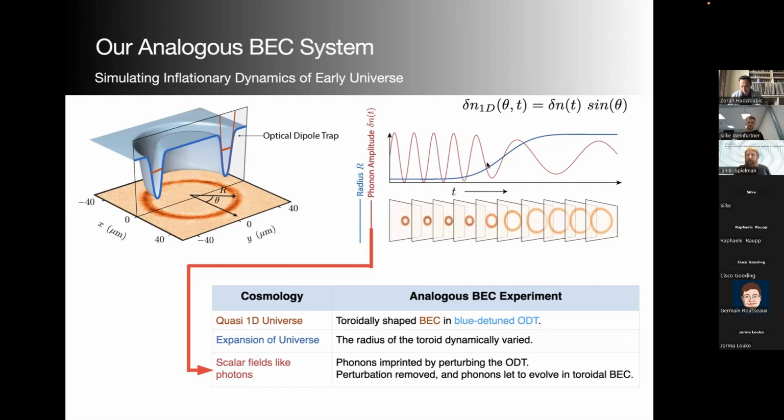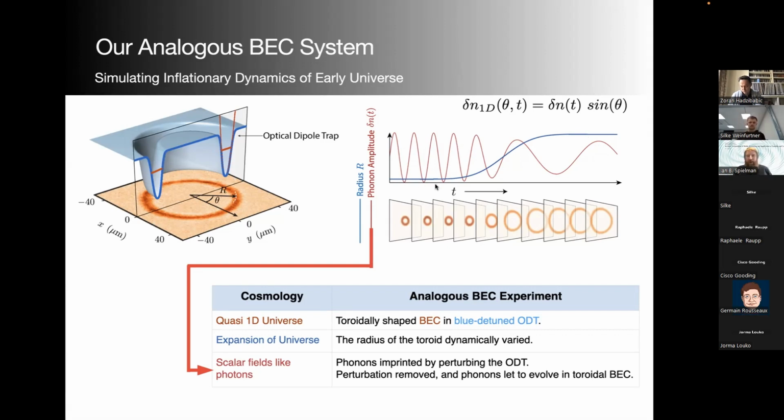One really key difference between what we do here and the dynamics of the early universe that I want to make sure that everyone has on your mind is that this is a forced dynamics, meaning that we scripted what the radius of this ring is as a function of time, whereas whatever caused the inflation of the early universe, be it inflatons or whatever, it's self-driving expansion.